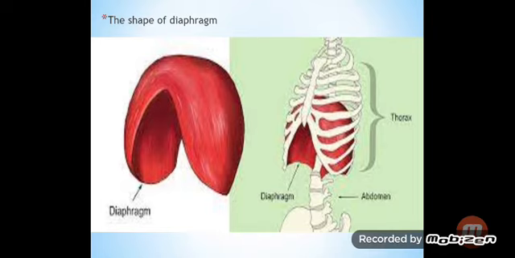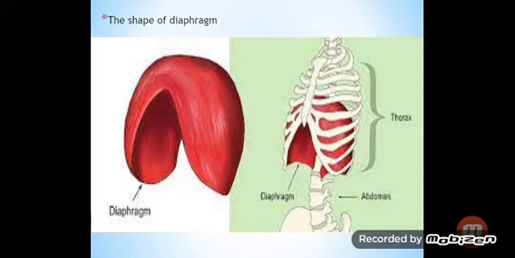There is something important, that the levels of the diaphragm vary according to the phase of respiration, according to the posture, sitting, standing, lying flat, and even the degree of distension of the abdominal viscera. All of these play a role in changing the level of the diaphragm.